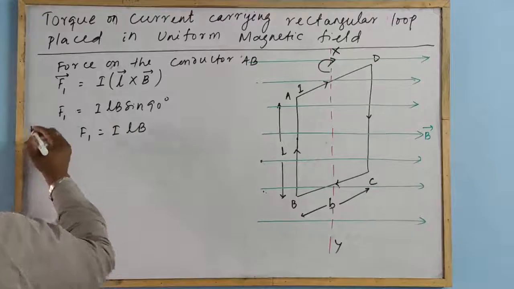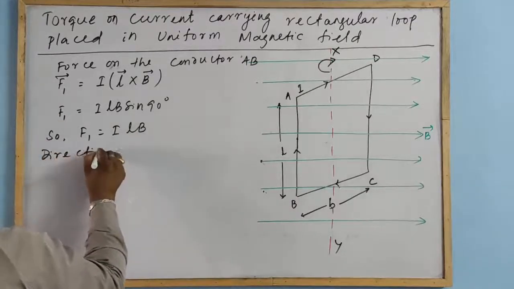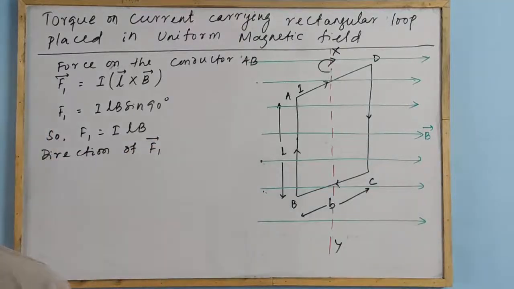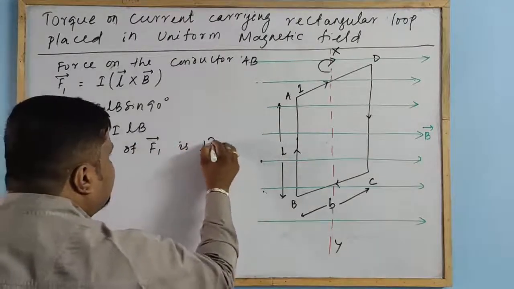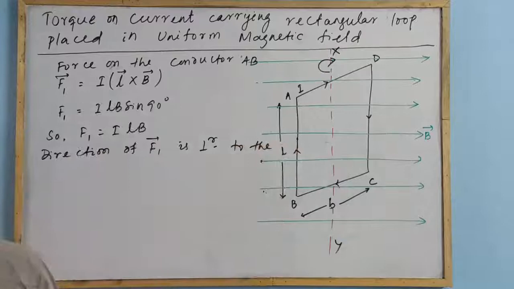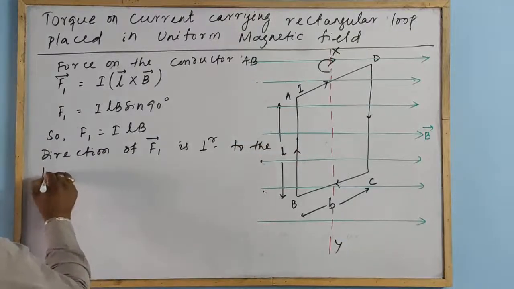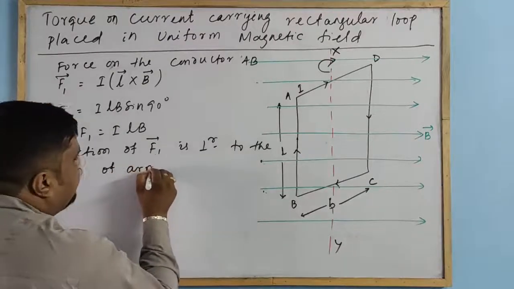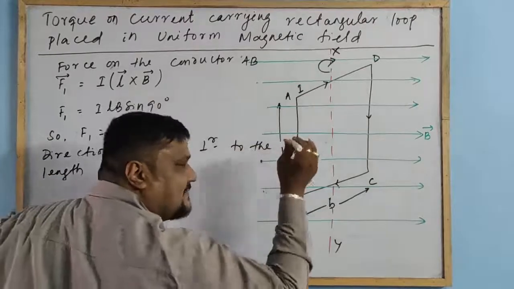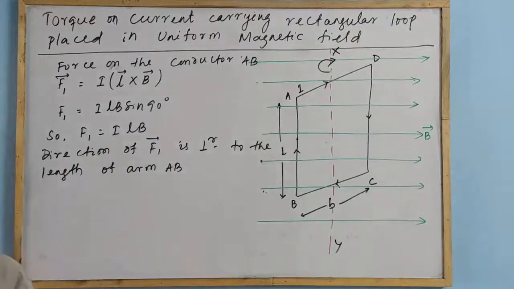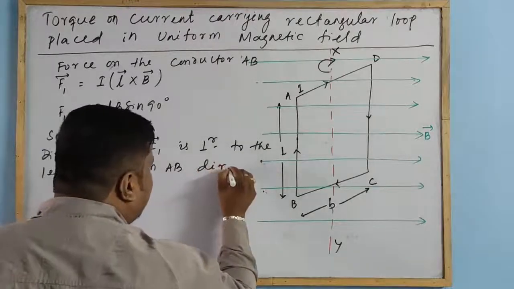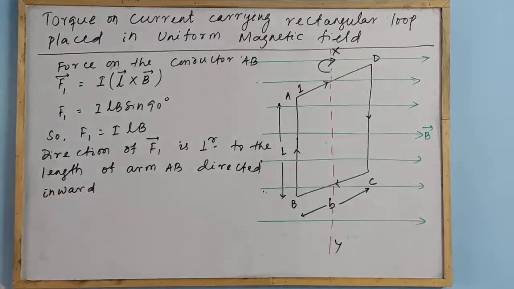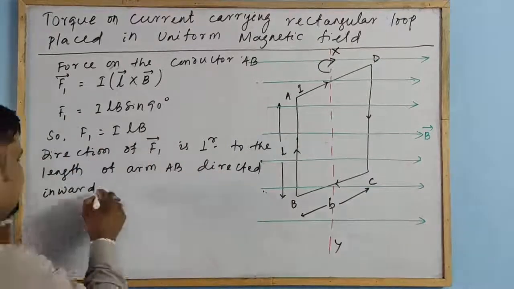So let me write the direction of F1. The direction of F1 is perpendicular to the length of arm AB, and directed inward of the board, or directed inward on this sheet.